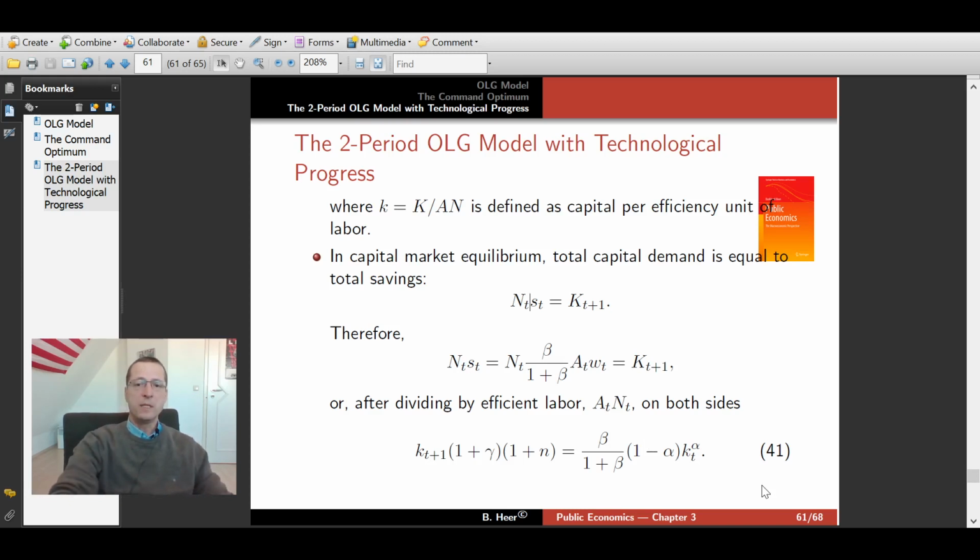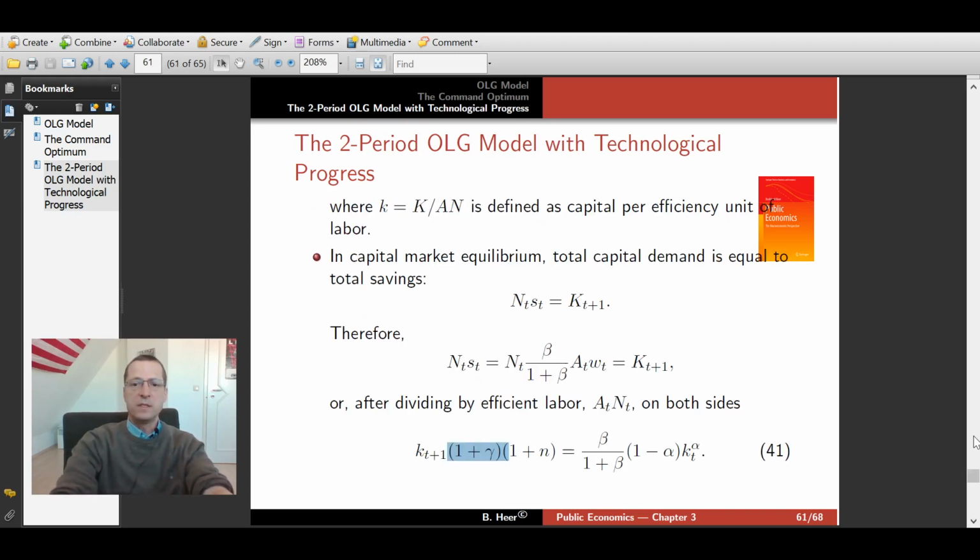What's new in this model with exogenous technological progress is that here we have the growth rate gamma, which in the former model without technological progress is simply equal to 0. So this term 1 plus gamma just drops out in the case without growth. Otherwise, it's identical. And of course, we also have, in this case, that A is equal to 1 if we have no growth.